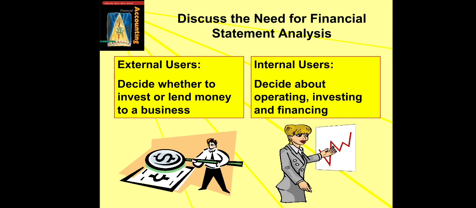Another external user is creditors. Creditors are most of the time suppliers. Suppliers give credit to businesses. Let's say you have a business in the future.